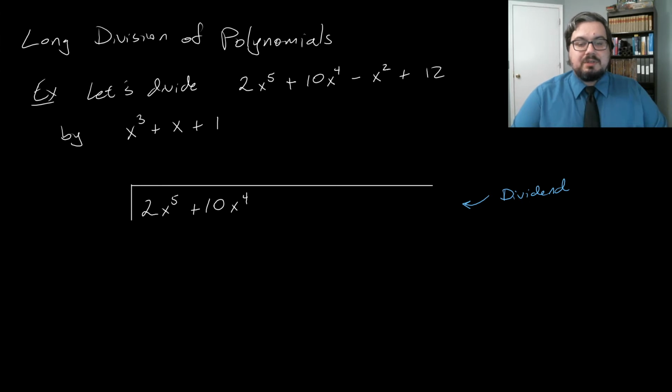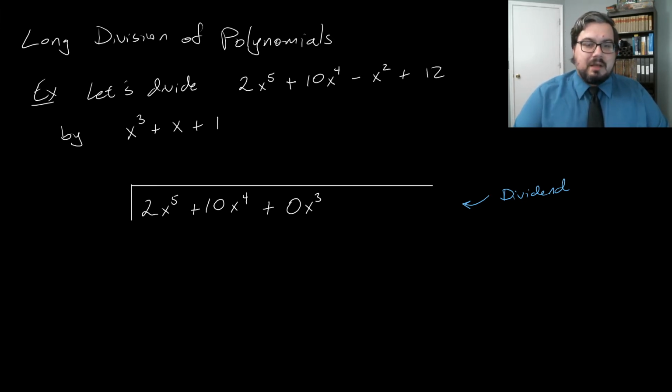So in this case, notice that we've got an x to the fifth part, an x to the fourth part, but there's no x cubed in the dividend that we're working with. In order to keep everything in the right place, we need to include that in the dividend. So because there was no x cubed term in the original, we have to include it here.